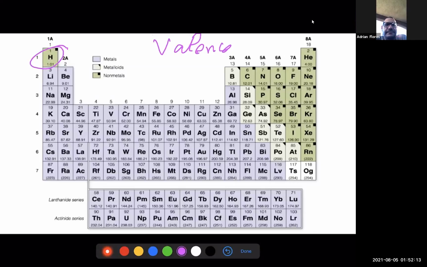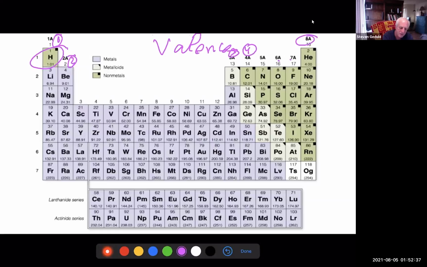All the ones in this first column where it says 1A have 1 valence electron. 2A has 2 valence electrons. 3A has 3 valence electrons. 4A has 4 valence electrons. Guess what 5A has? I would imagine 5. 5, 6, 7, and 8A has 8 valence electrons, which is what you want to make it stable.